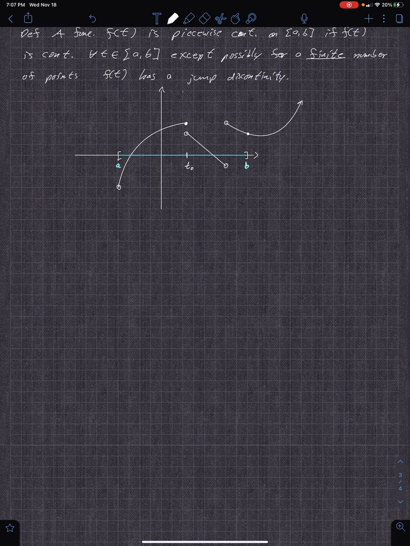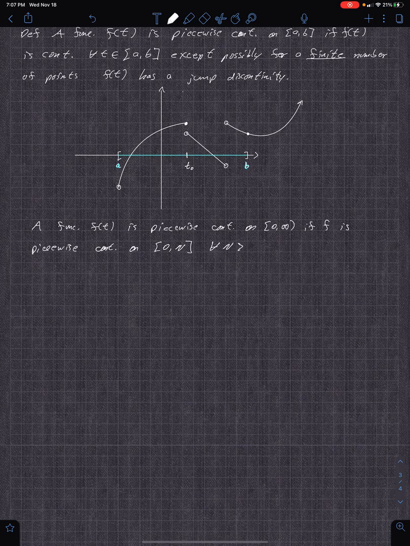And this is just some more notation that says the same thing. So a function f of t is piecewise continuous on [0, infinity) if f is piecewise continuous on [0, n] for all n greater than 0.